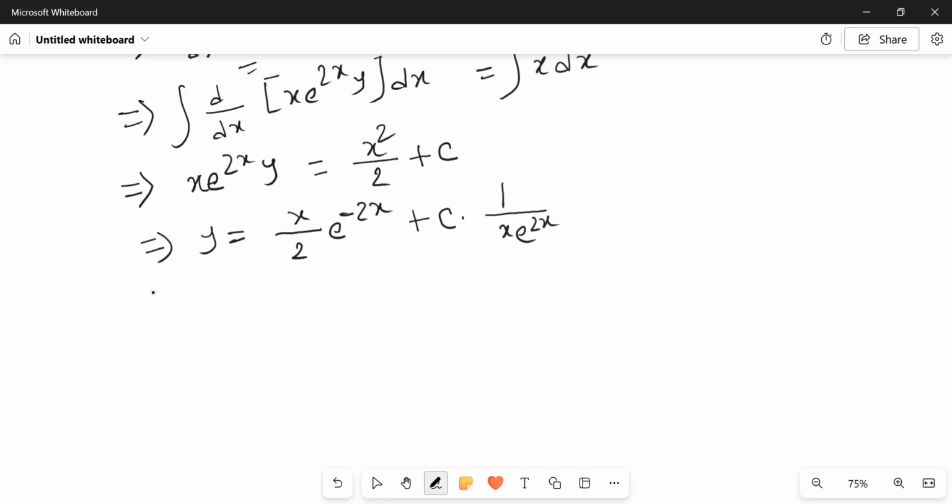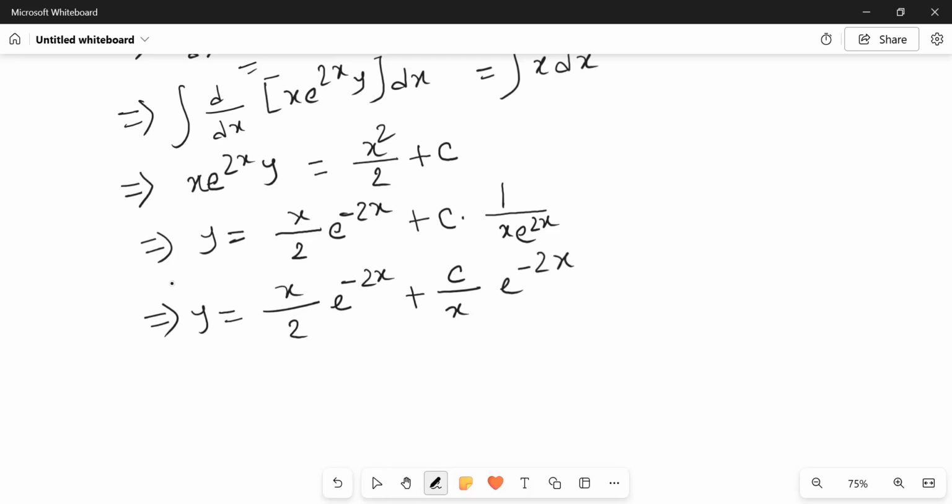So this will give us our solution, y equal to x divided by 2 e to the power minus 2x plus c divided by x e to the power 2x.